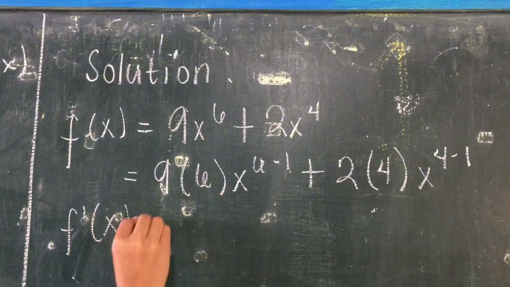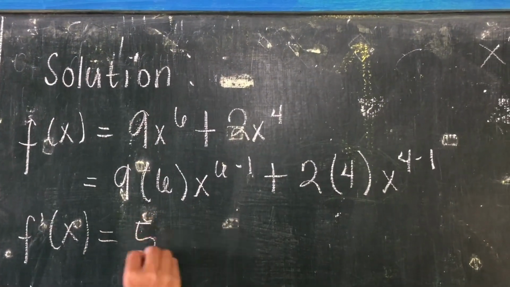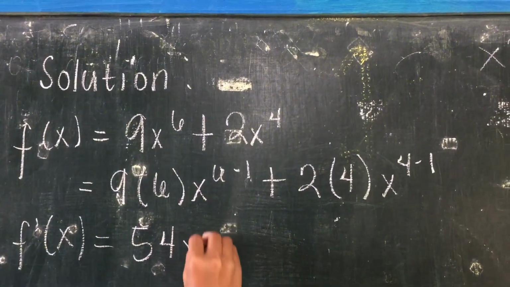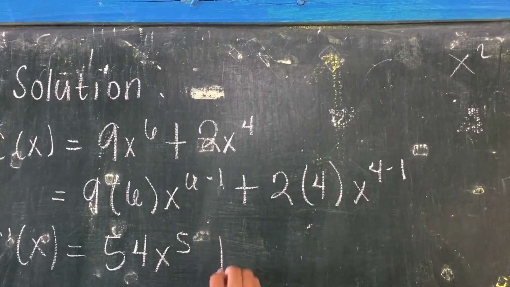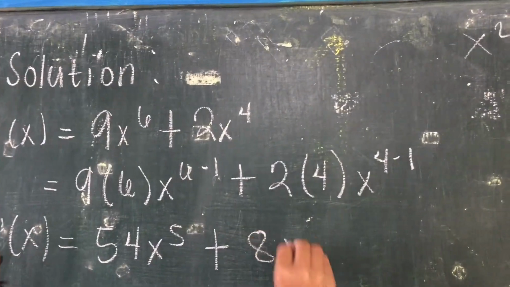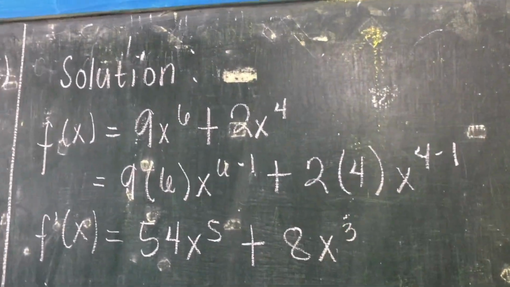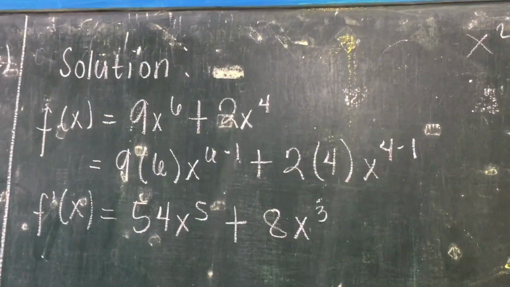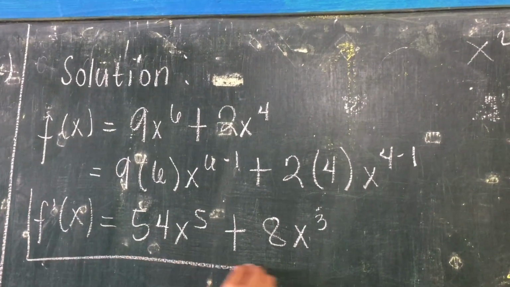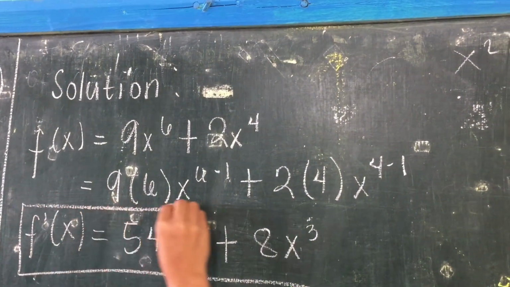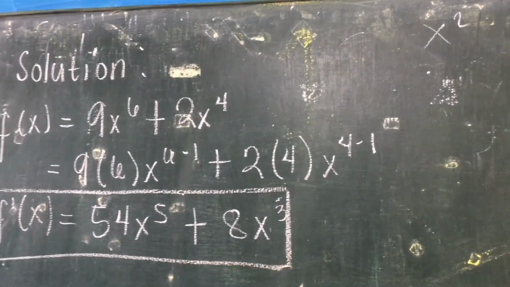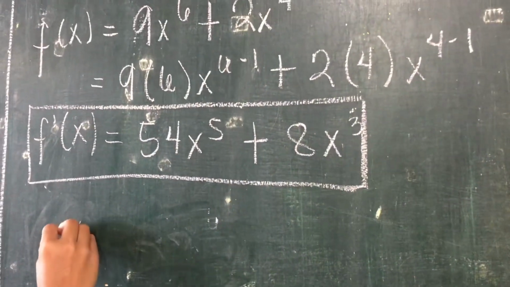So 9 times 6 is 54 and 6 minus 1 is 5. Then 2 times 4 is 8 and 4 minus 1 is 3. Our f prime of x is 54x to the power of 5 plus 8x to the power of 3. Now let's proceed to g of x.